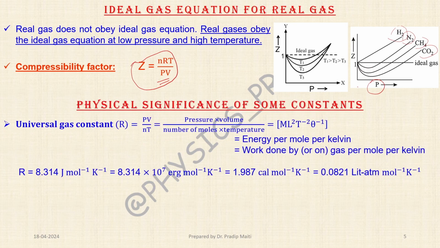Some physical significance of some constants, that is the universal gas constant. Universal gas constant R equals PV by nT from the equation PV equals nRT. So R equals PV by nT, that is pressure into volume divided by number of moles into temperature.